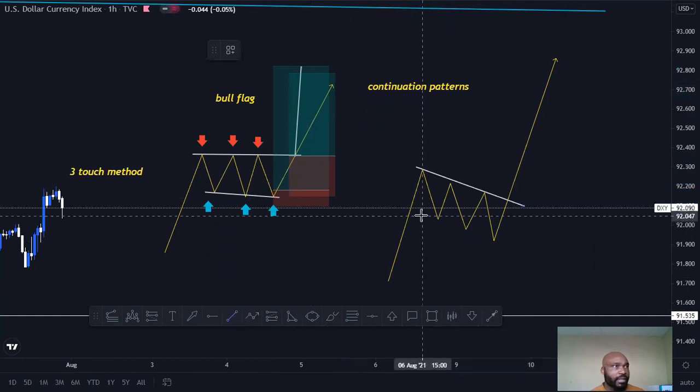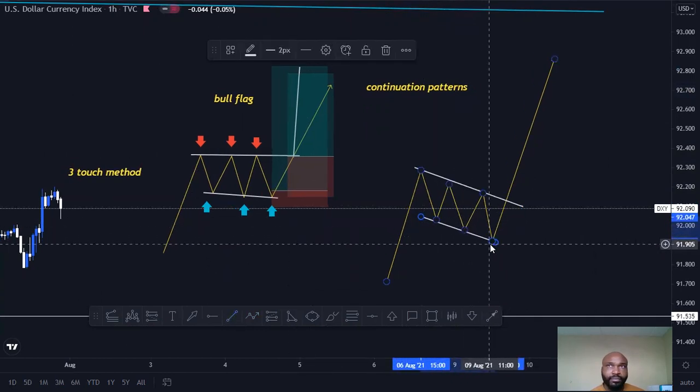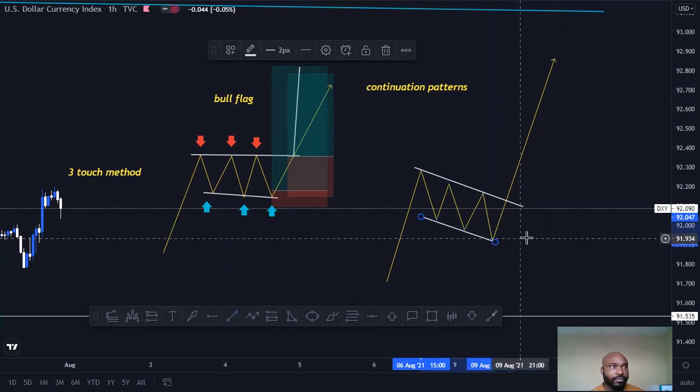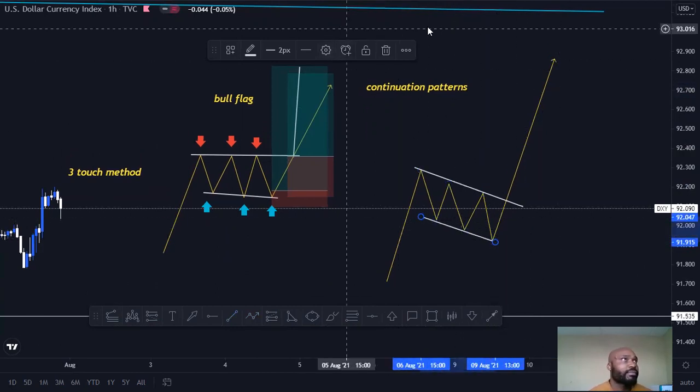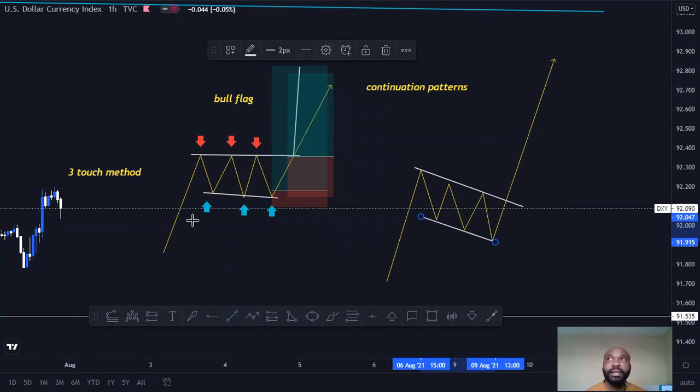This is your steep flag. And your other one is what? Your other one is your flat flag. Okay, guys, you've got your steep flag and your flat flag, but they are all bull flags, all bullish continuation flags.